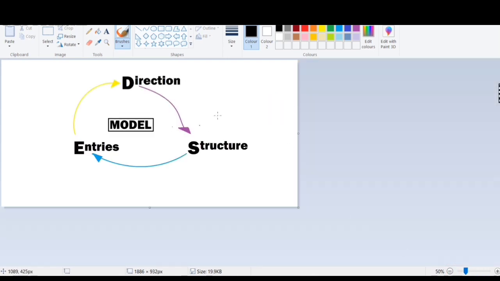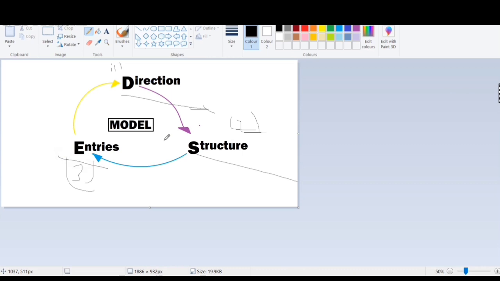It's actually a structured model. You can see right here, it starts on the directional side, then the second thing is the structure, then the third thing is the entries, right? So as per directions, I use a slightly bigger time frame to plot those swing points and zones, support and resistance.